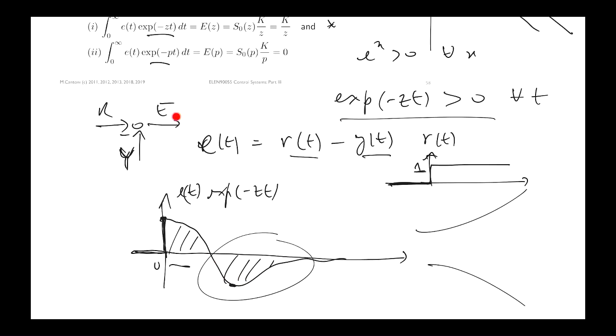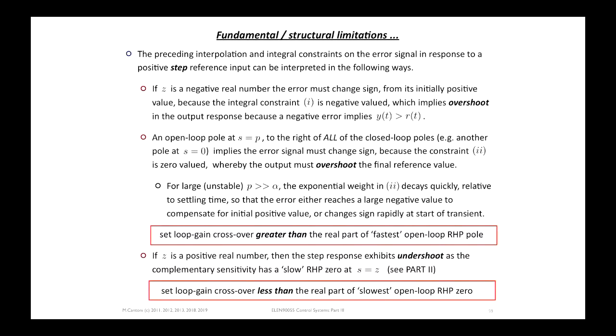How can we get a negative error? We can get a negative error when y is bigger than r. So in other words, we're going to get some overshoot in the response. Y is going to go past the reference. So we end up being able to draw this sort of conclusion here. If Z is a negative real number, the error must change sign, which implies there's going to be some overshoot in the response.